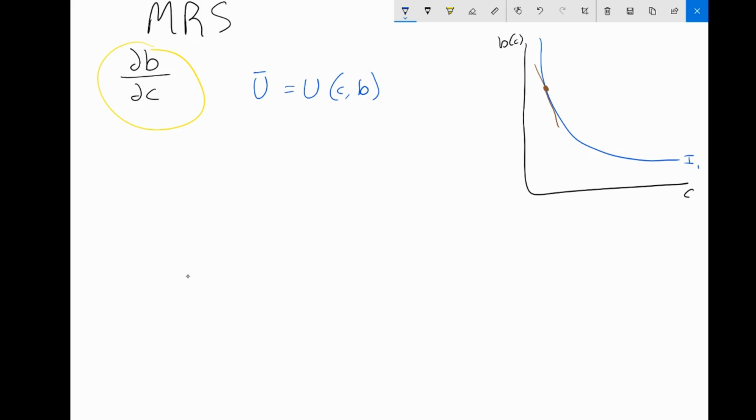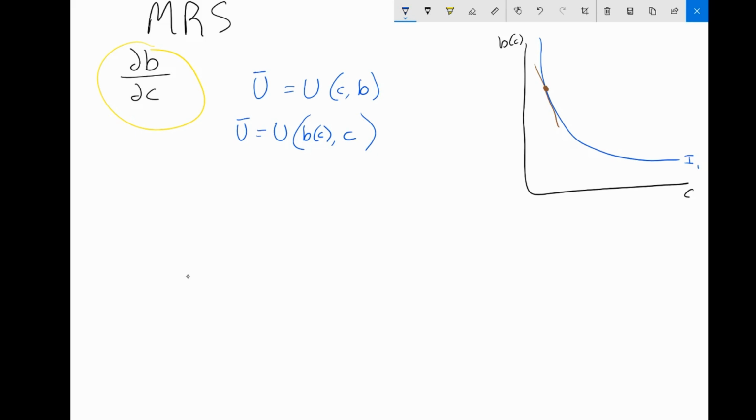How would I do that? Well, first, let me rewrite it real quick. I'm going to represent here that b is a function of c, and to make it more clear, I'm going to rearrange this: B is a function of c, and then we have c.